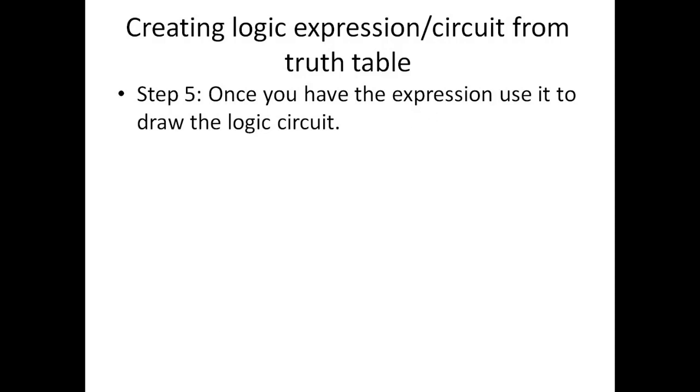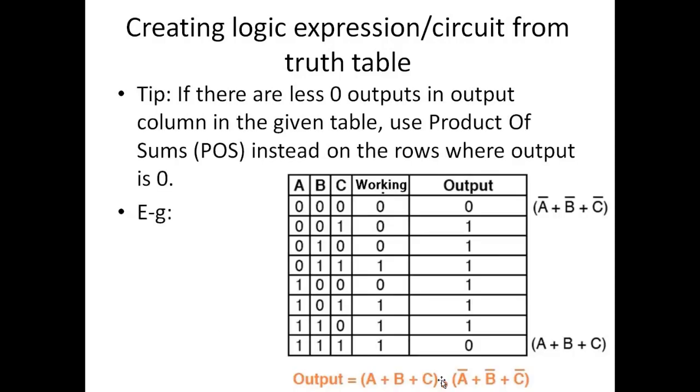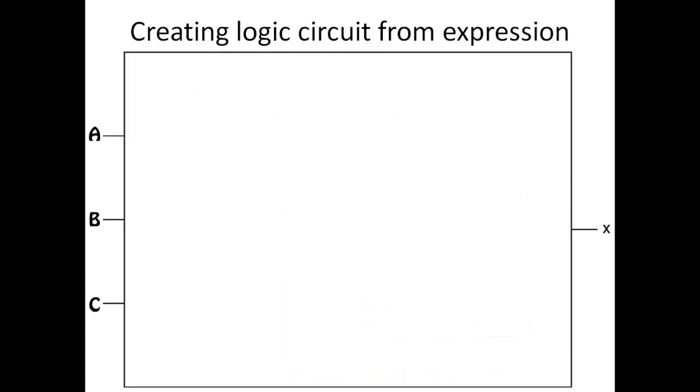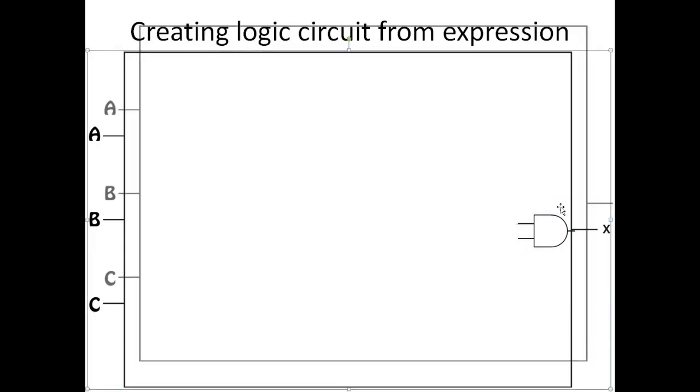Once you have the expression, use it to draw the logic circuit. Now in this term we have an AND gate in between, so we would apply an AND gate over here and then we would accordingly make our logic circuit like we discussed in the previous example.